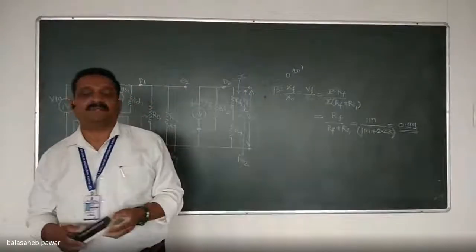That means the feedback network will not amplify the applied input signal. What it does is attenuate the applied input, and hence the feedback factor always lies between 0 and 1. And whatever you answered, 0.99, is the correct answer. Is it clear?